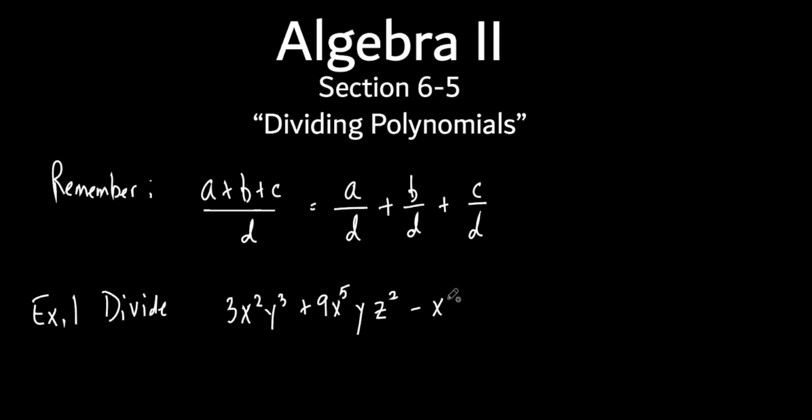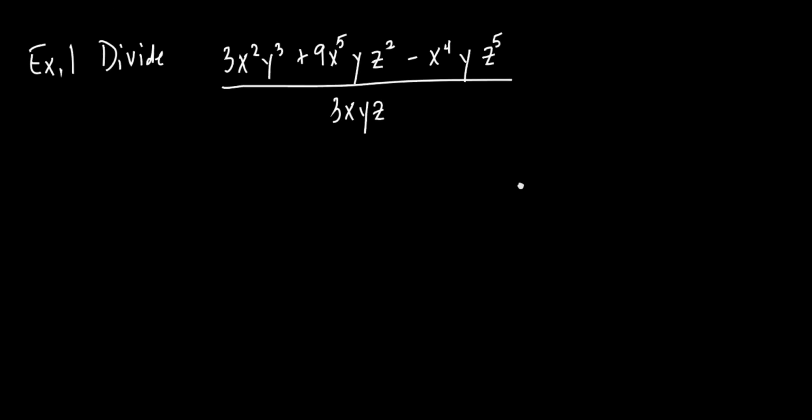Minus x to the 4th y z to the 5th. And this is all over 3xyz. It is a lot. But it's not hard. It's pretty simple. It is, I promise.